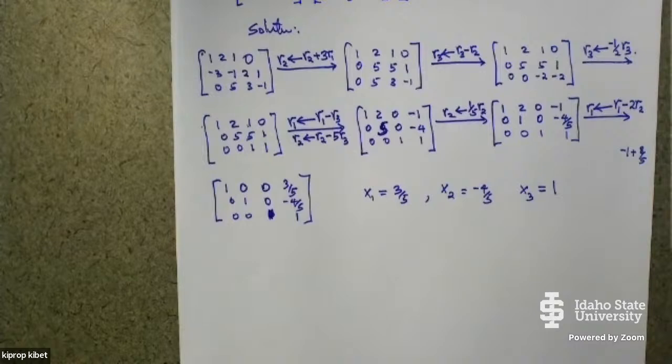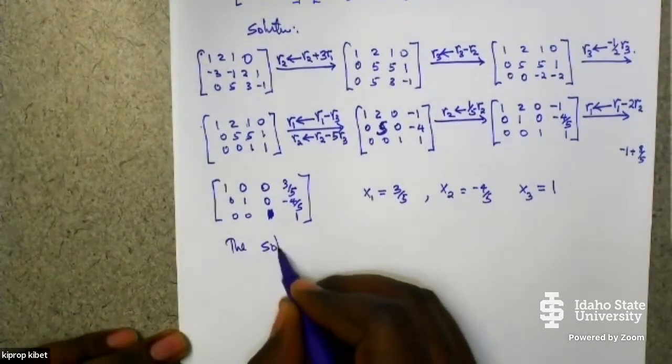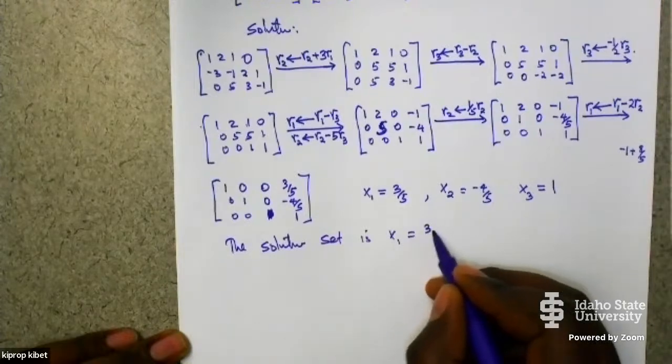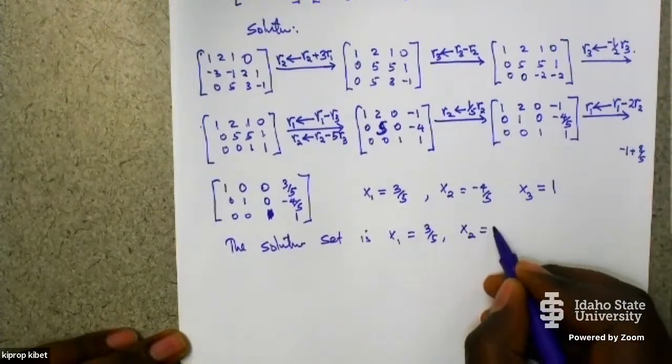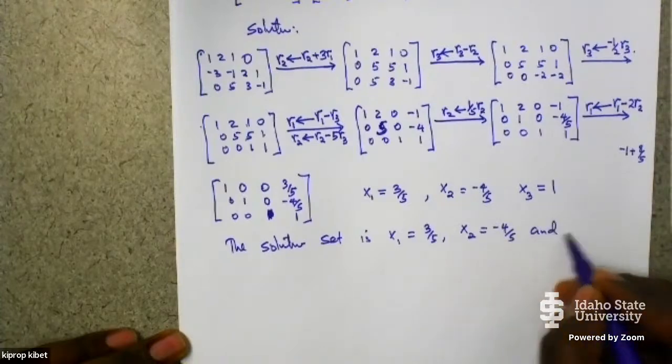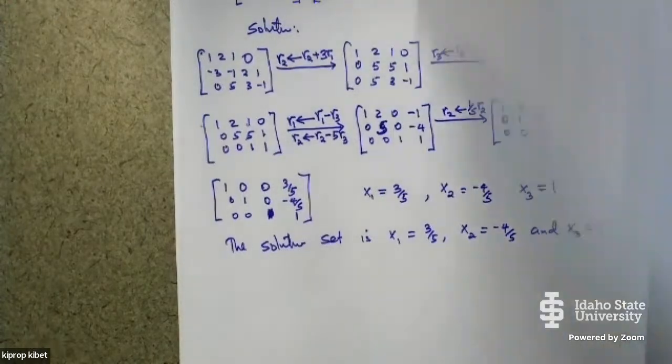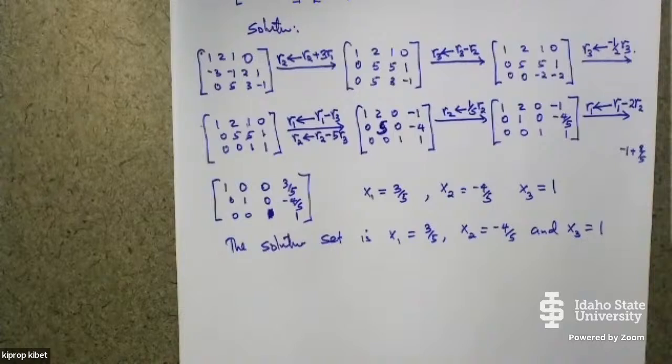So therefore, the solution set is x1 equals 3 over 5, x2 equals -4 over 5, and x3 equals 1. Any question after that? So you should expect something like that.